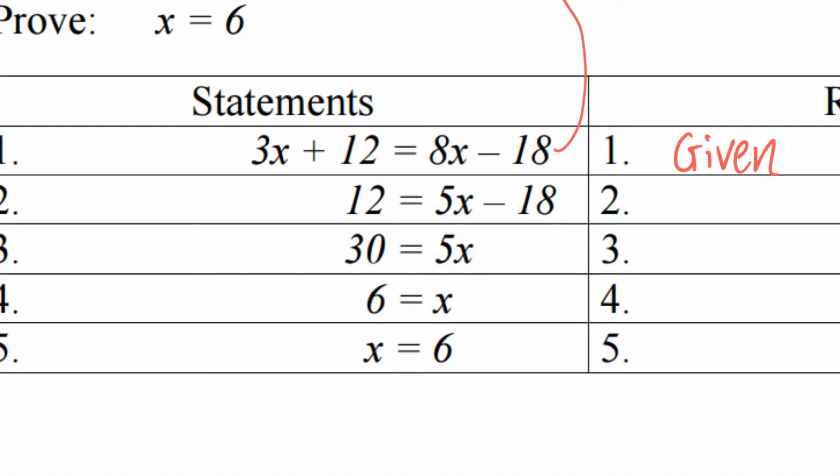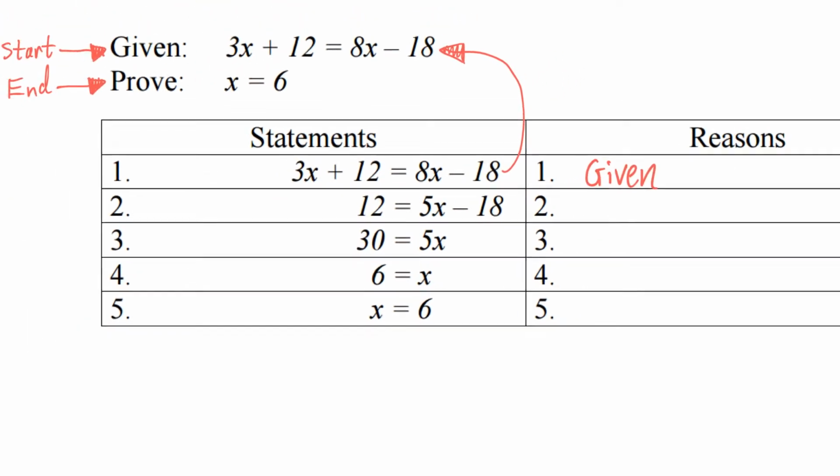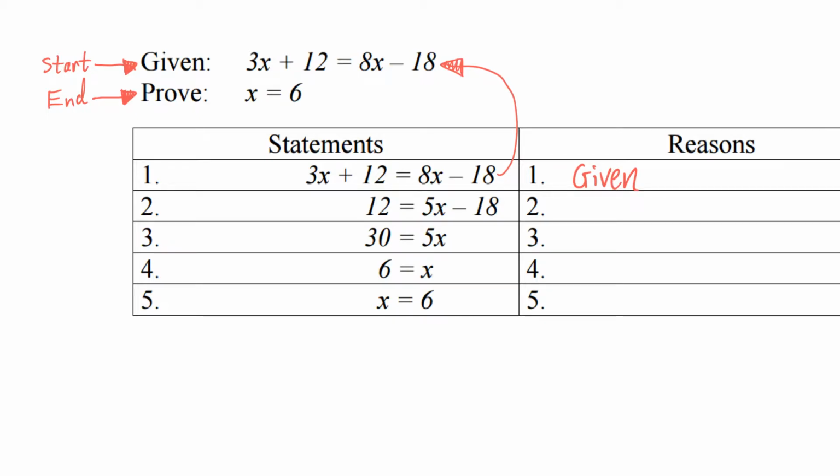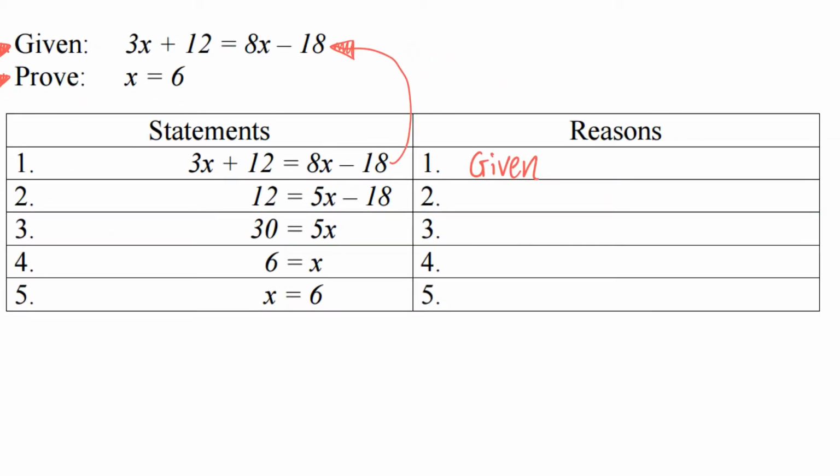On the left-hand side, 3x minus 3x zeroes out, so there's no more 3x. On the right-hand side, if you have 8x and you subtract 3x, that leaves 5x. So going from the first step to the second step, they did the subtraction property.